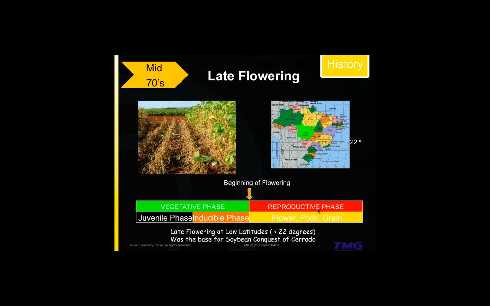On the picture on the left of this slide, we can see the difference that the trait makes in central Brazil.